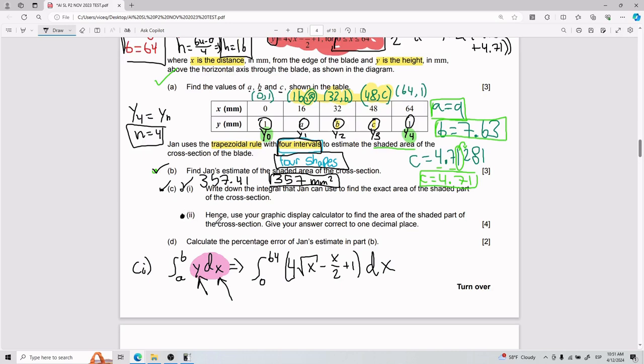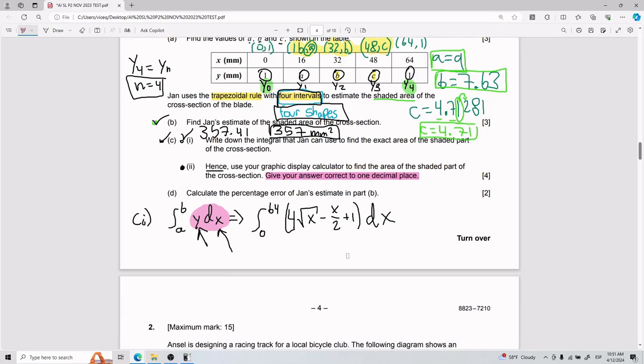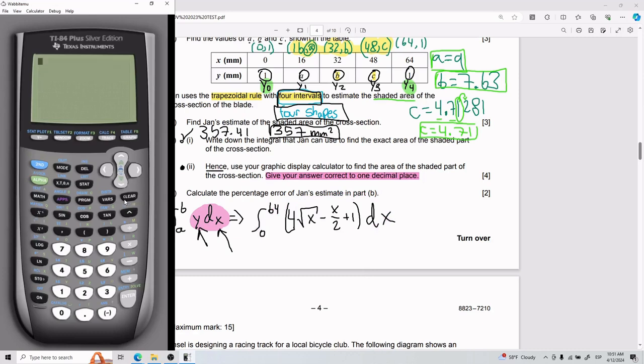And then, hence, we need to use the graphing display calculator to find the area of the cross section. And careful, give your answer correct to 1 decimal place. So now I just have to use my calculator to plug this in, and I'm going to be done. Now, there is a way to do it by hand, but thankfully here they ask you to do it on your graphing calculator.